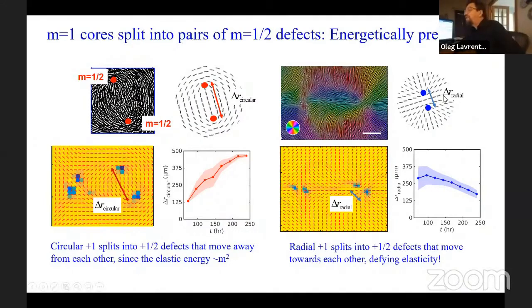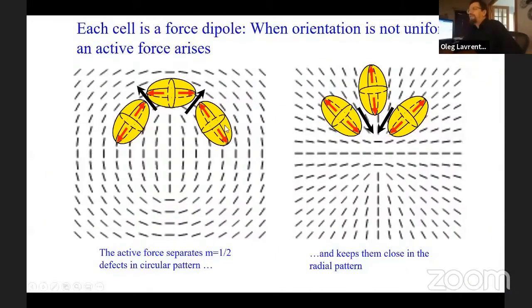But it turns out that if the structure is patterned in the radial fashion, then the defects actually approach each other. And the effect is very easy to understand from the picture that again operates with force-free motion of the cells. If they are arranged in the circular pattern, the active force is going away from the center.